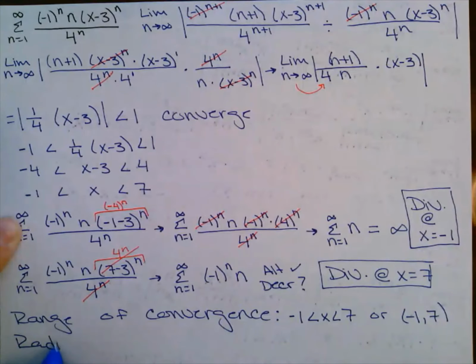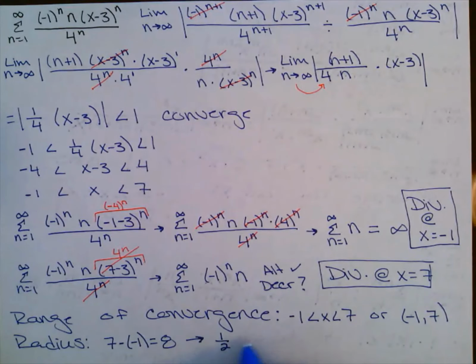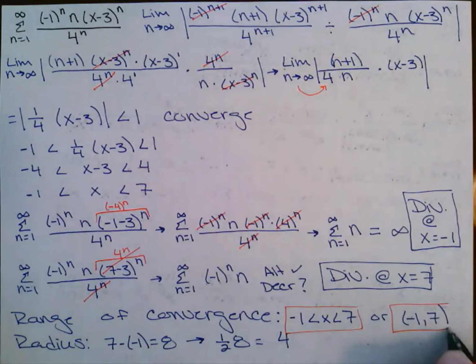And then my radius, well, it goes from -1 to 7, so I can subtract to find out the distance, and I get 8. And then half of that distance gives me 4, and that is my radius of convergence. So we've got my range, and then we've got my radius, and we're done.